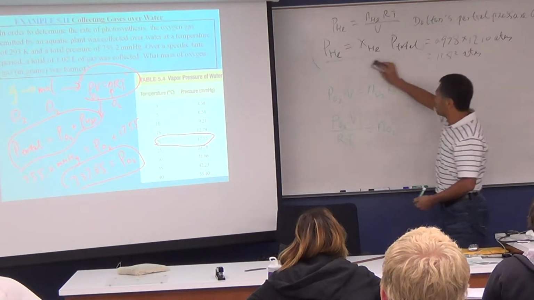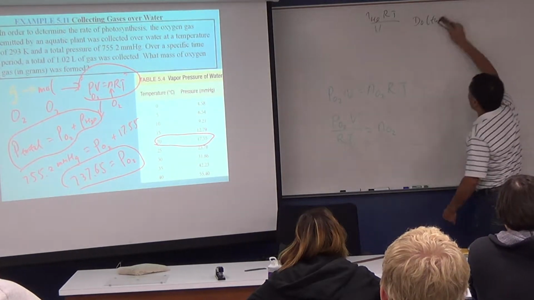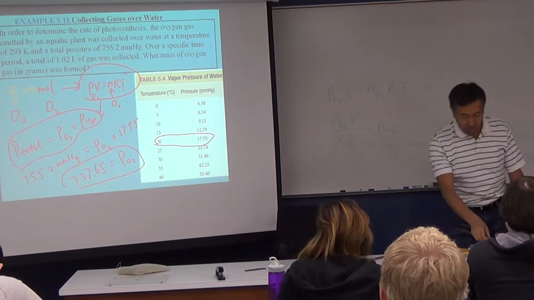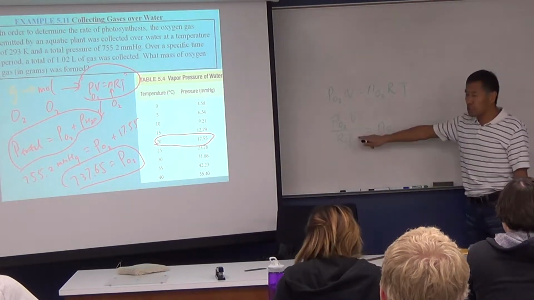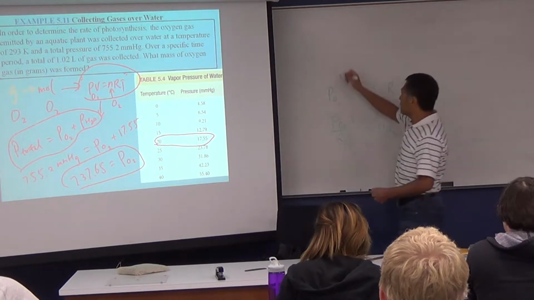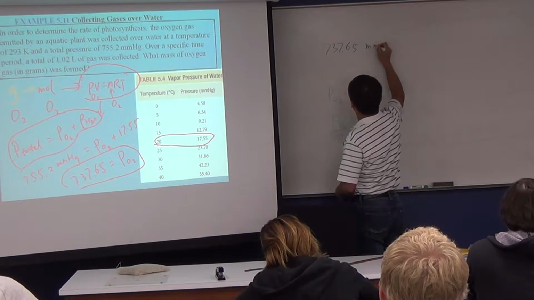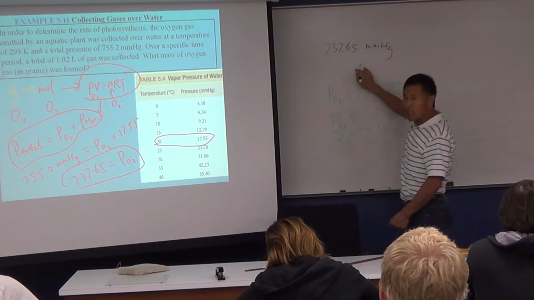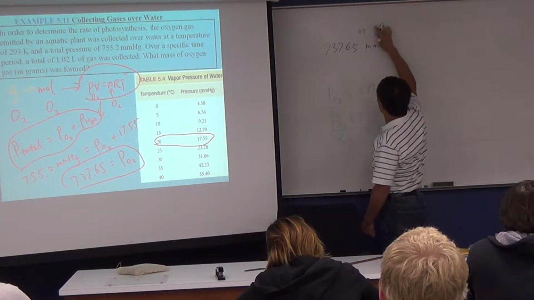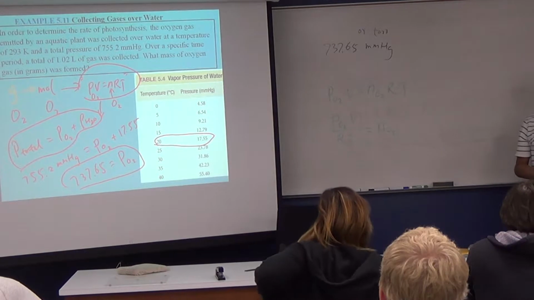Right. So we have the pressure of O2 from our last calculation. Just to remind you, be very careful. In this equation, your pressure should be ATM, right? So we start with 737.65, which is millimeters of mercury. I will write mmHg, or the so-called torr. Sometimes these two units are the same.